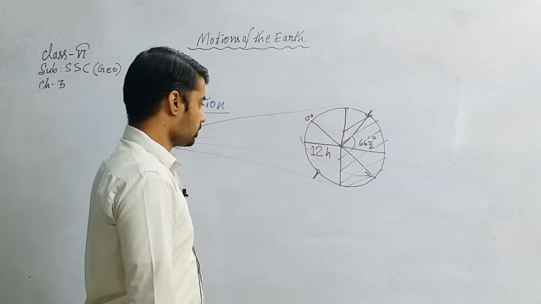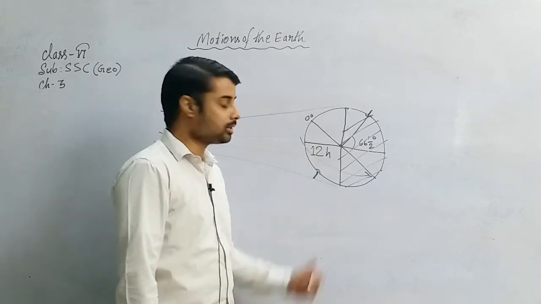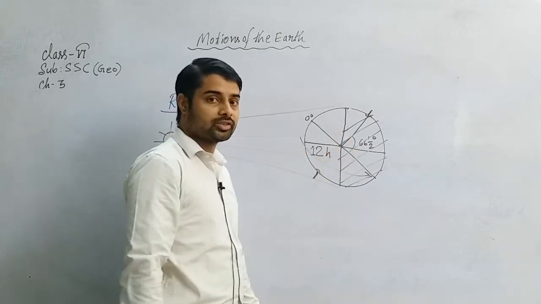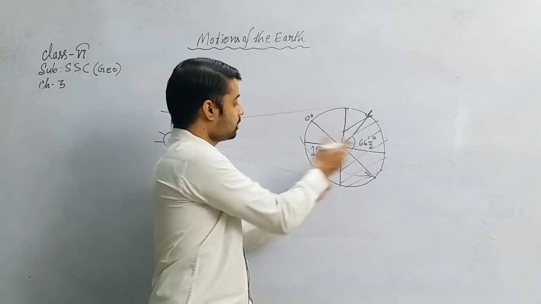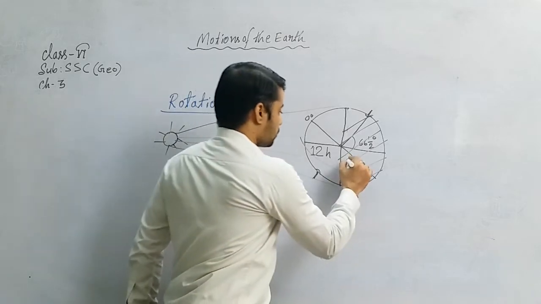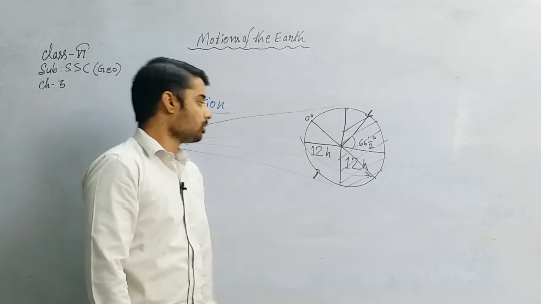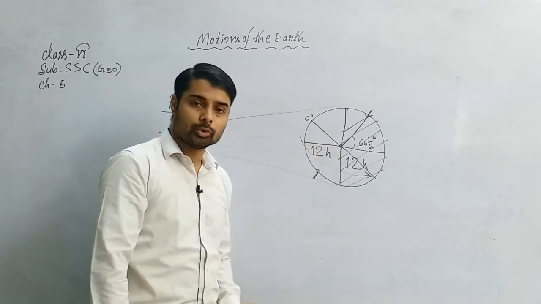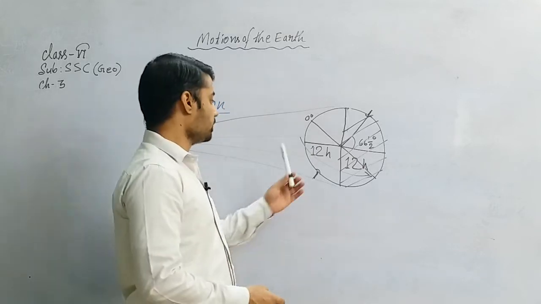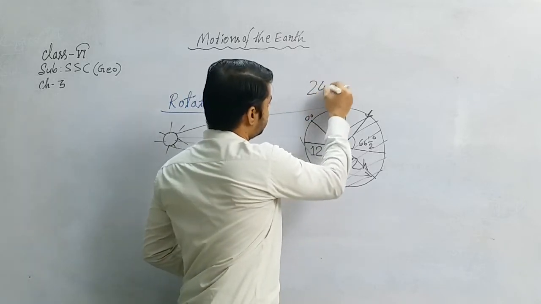Sunlight falls on the front side for 12 hours, and again when earth completes one spin, the rest of the portion gets lightened. For 12 hours the rest of the portion is totally opposite from the sunlight, so they face complete darkness. In this way 12 plus 12 is a total of 24 hours.